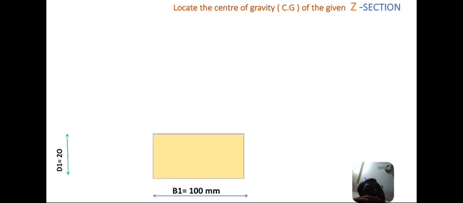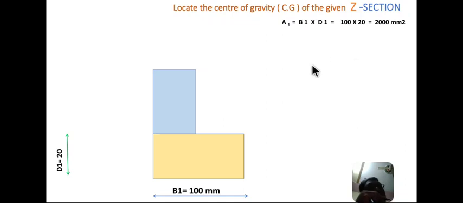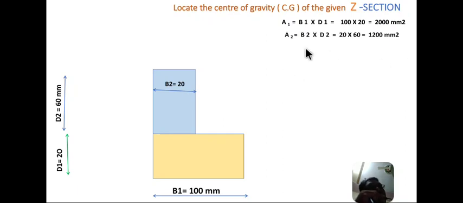Here A1 is the area of the bottom rectangle. A1 equal to base into depth, so A1 equal to B1 into D1 equal to 100 by 20, so base 100 and height 20, equal to 2000 mm square. And A2 is the area of the second rectangle, so A2 equal to base B2 into depth D2, equal to 20 by 60 equal to 1200 mm square.